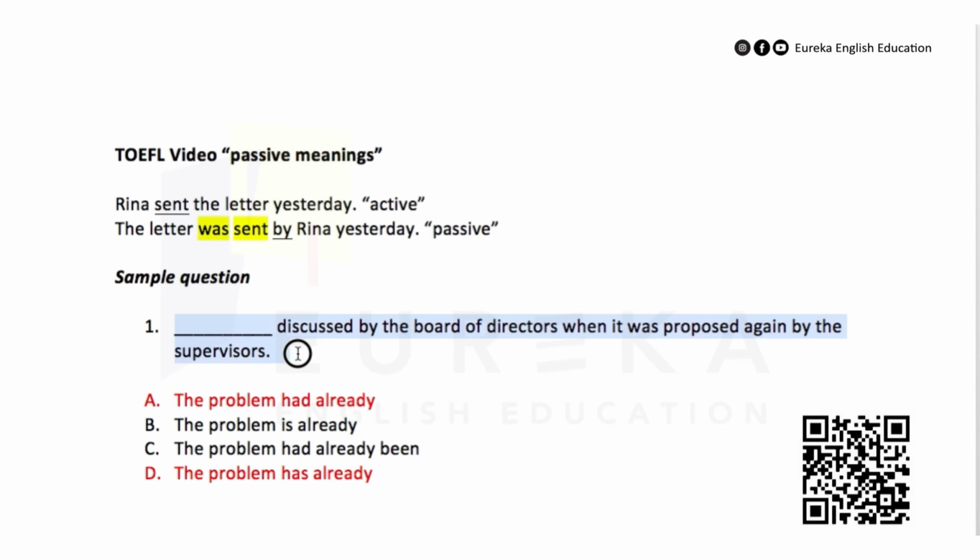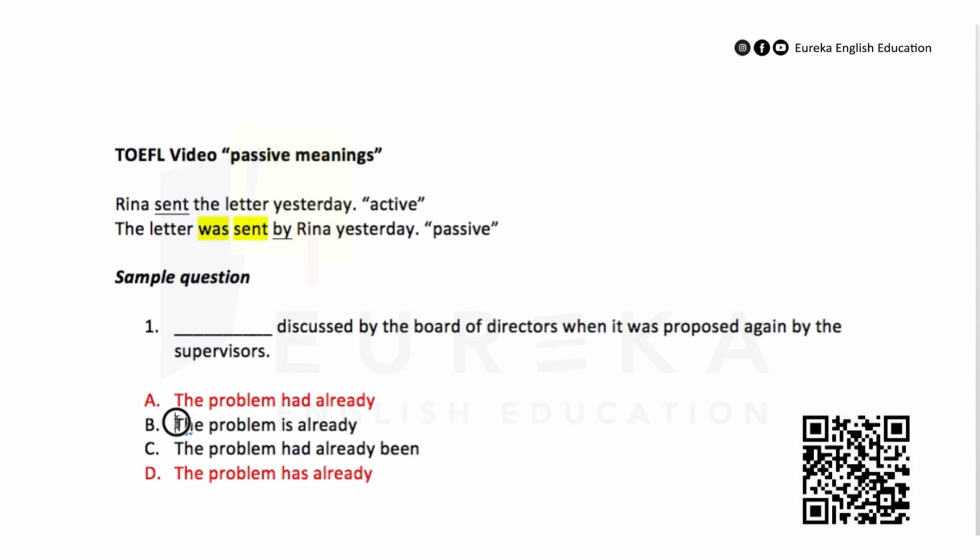If we go back to the sentence, we can see that this sentence is a complex sentence. There are two clauses, and one of the clauses is in the past, was proposed. And normally, if a sentence has two clauses and one clause is in the past, usually the other clause should be in the past form.